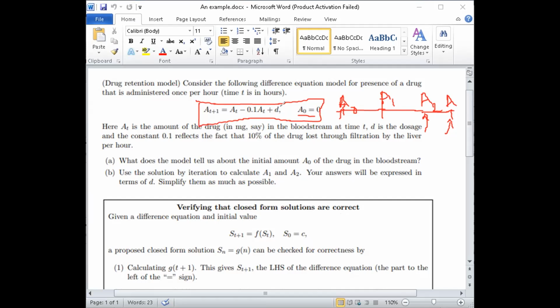So you get an answer in terms of D. D, the dosage, is a parameter here.